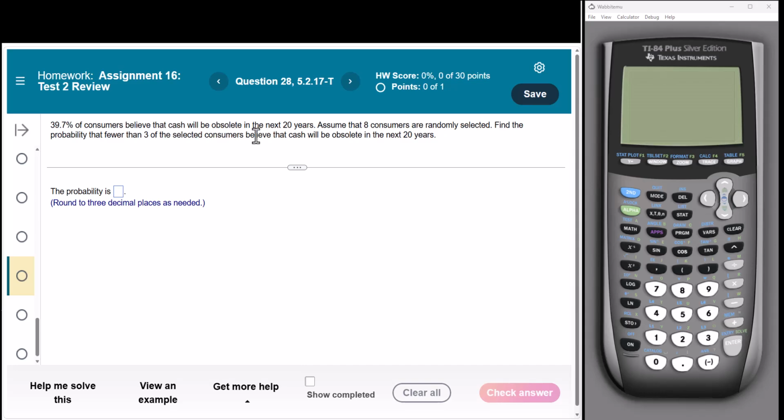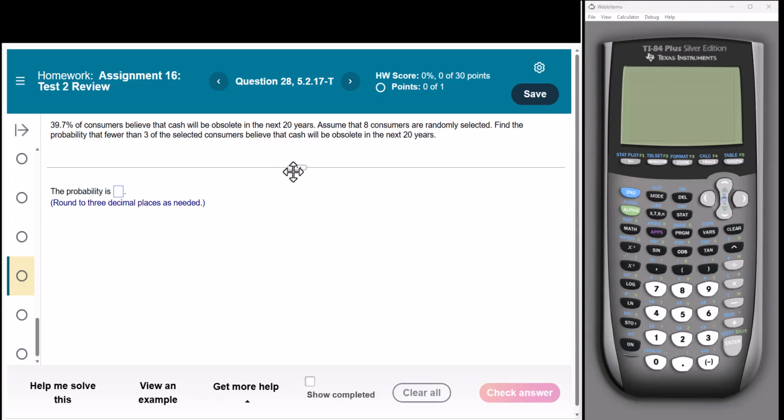So we have our N, or number of trials, our lowercase p, or the probability of success on each trial, and we also have our X value. Our X value will be 2, not 3. Again, read into these problems very carefully.